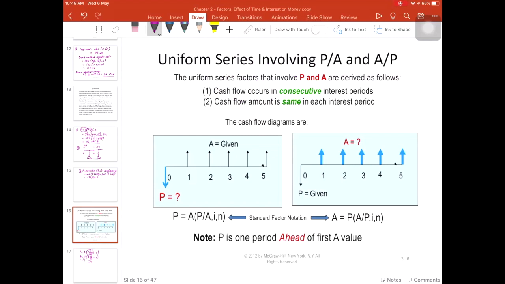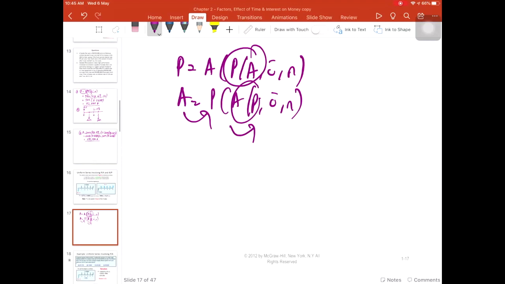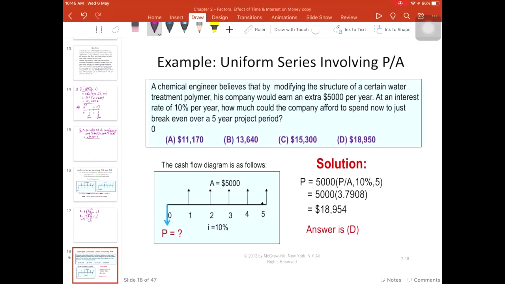So we know the cash flow diagram and then go direct to the example. A chemical engineer believes that by modifying the structure of a certain water treatment polymer, his company would earn an extra 5,000 ringgit per year. So the keyword is earn extra 5,000 ringgit per year. This means it's an inflow, kan?